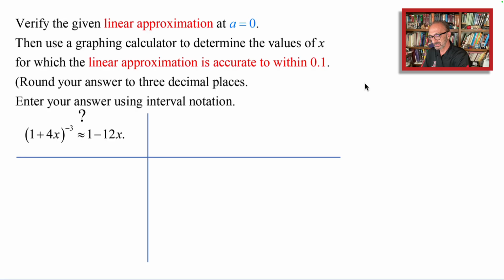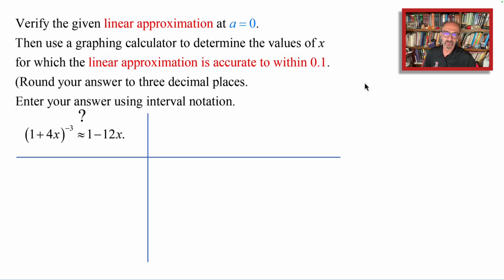Then we have to use some graphing method like Desmos or a graphing calculator to determine the values of x for which the linear approximation is accurate to within 0.1.